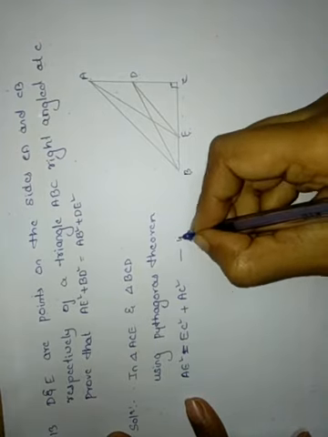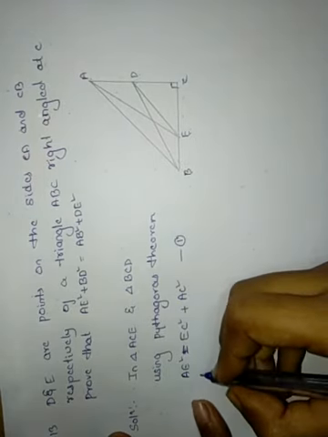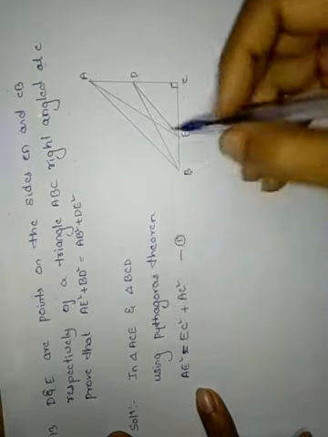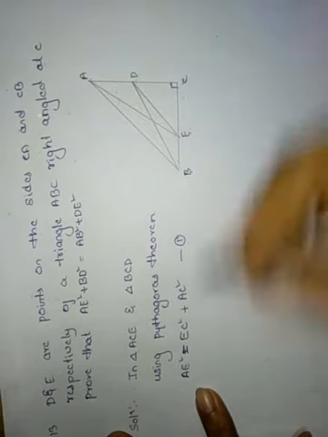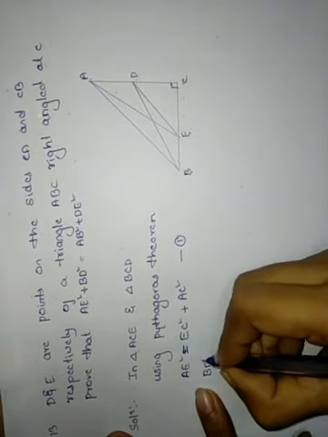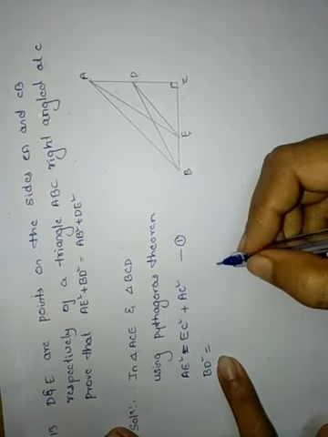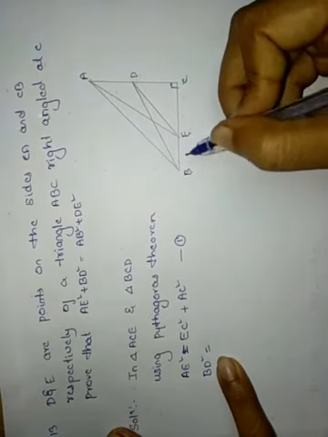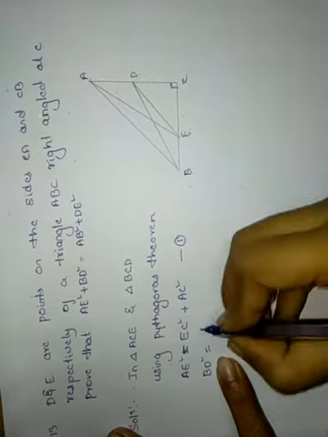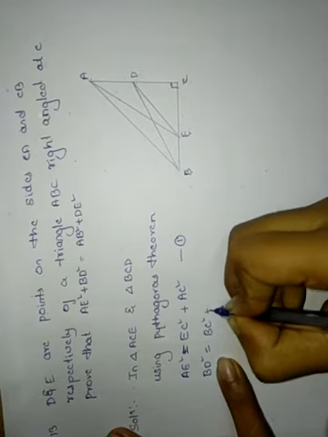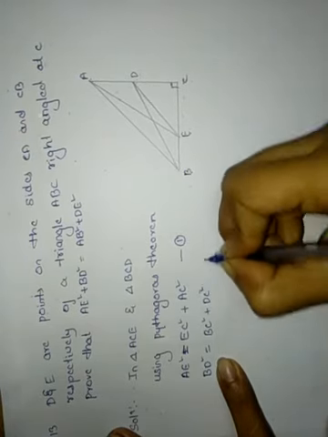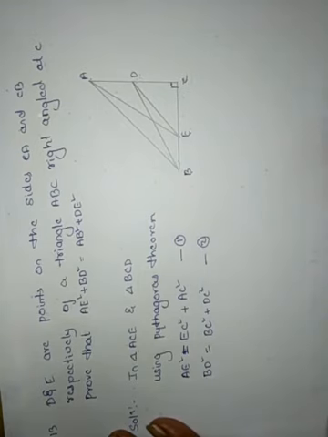So we'll call this equation 1. Similarly for the triangle BCD, the hypotenuse gives BD square is equal to BC square plus DC square. So we'll call this equation 2 now.